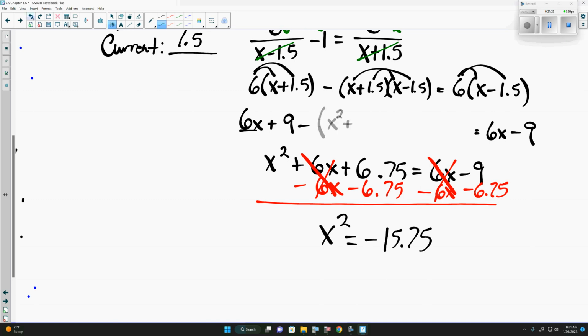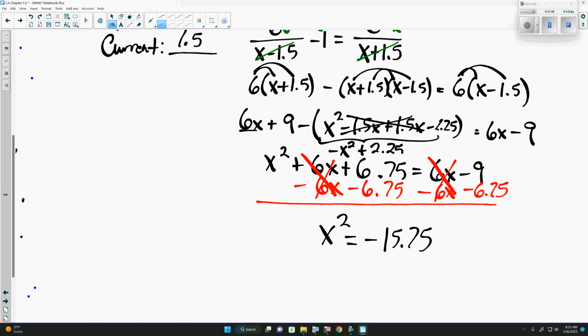minus 1.5x plus 1.5x minus 2.25. Now, when we distribute the negative, well, these will still cancel. But what we're going to get out of here is negative x squared plus 2.25. Now, the 6x and 6x are still going to cancel.